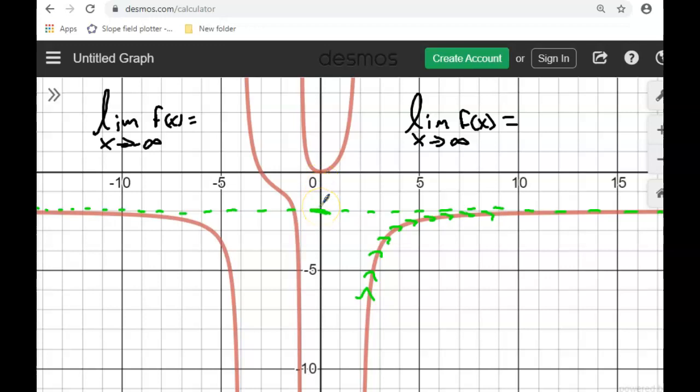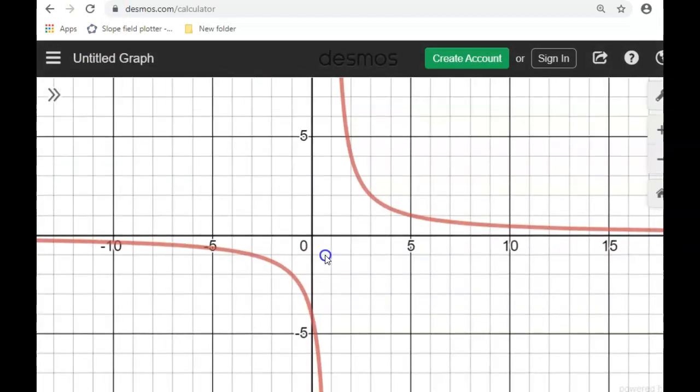I'm not sure if you'll see it, but it's a y value of about 2. And as I move to the left forever, that's what it means to go to -infinity, my y value is approaching the same dotted line at a y value of 2. So the end behavior is 2 because as I move to the right and left, I'm approaching a y value of 2. Let's take a look at another one here.